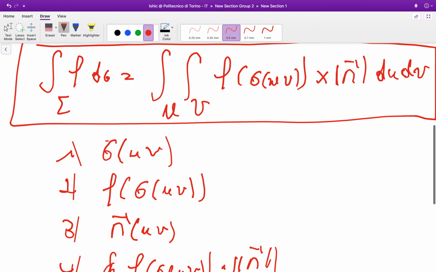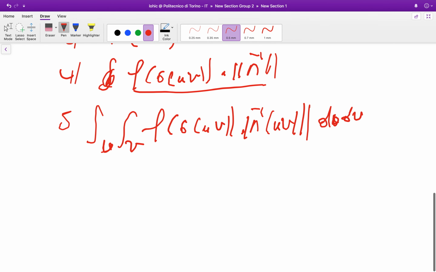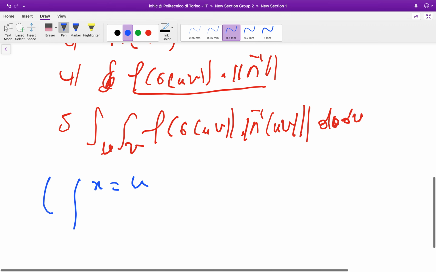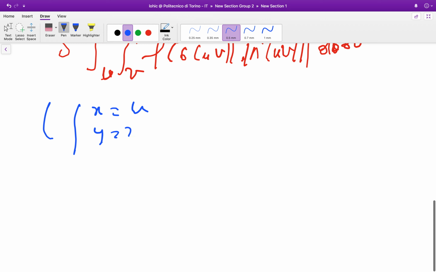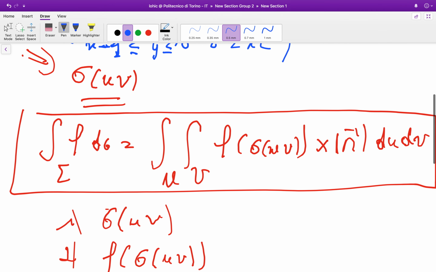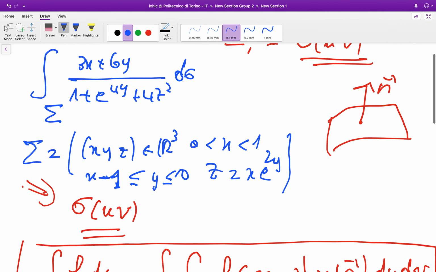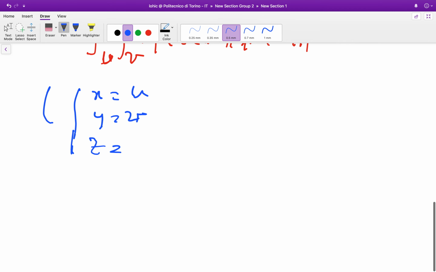So let's follow the steps. First step, we write the surface as a function of uv. The easiest way is to set x equal to u and y equal to v. Then you deduce z, because if it's a surface, z should depend on x and y. You can directly see from this surface that z will be u multiplied by exponential of 2v, right?